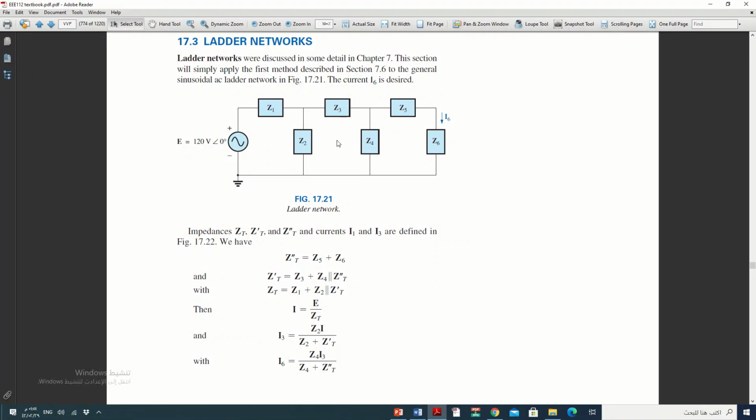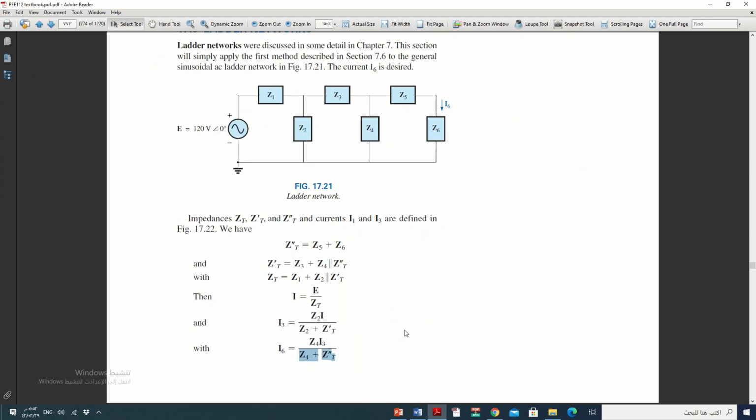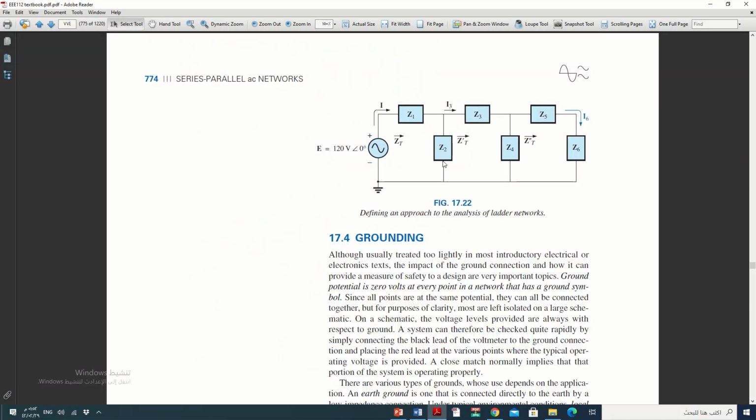You will multiply I3 by Z4 and divide by the summation. Okay, and this figure 17.22 shows you what we did. If you see this circuit anywhere, it's called a ladder network.